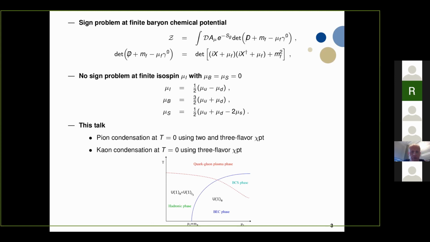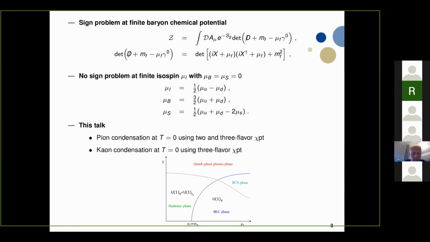However, if you look at two-flavor QCD and have one particular combination, namely zero baryon chemical potential, meaning that the chemical potential of the u quark is equal to minus the chemical potential of the d quark, then in fact the complex phases cancel in the determinant, and you have a real determinant, so you can carry out lattice simulations. And that will be the topic of my talk.